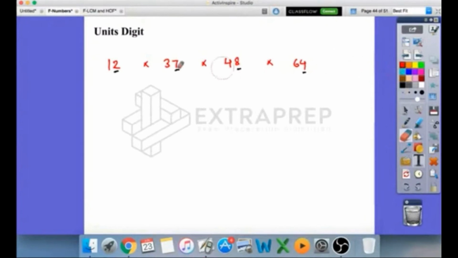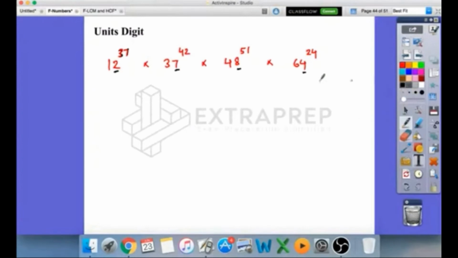But what if the question is like this? 12 power 37 into 37 power 42 into 48 power 51 into 64 power 24. This is the question. So we need to find the units digit of 12 power 37 into 37 power 42 into 48 power 51 into 64 power 24.